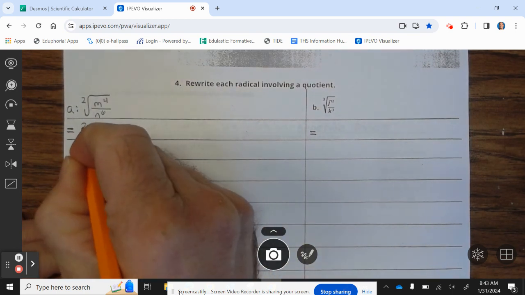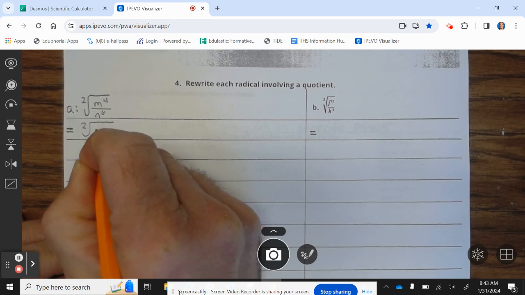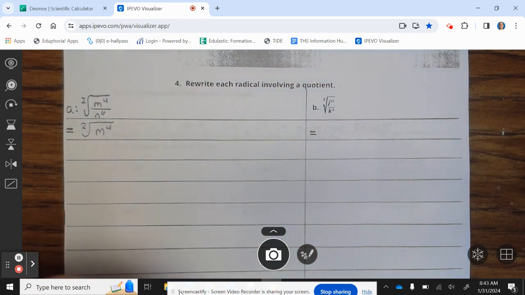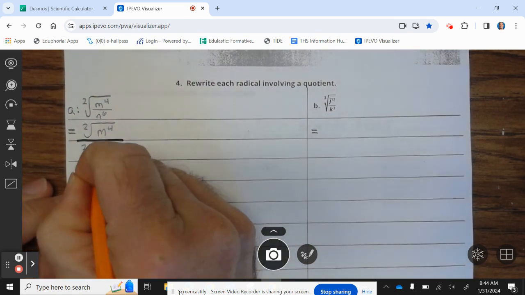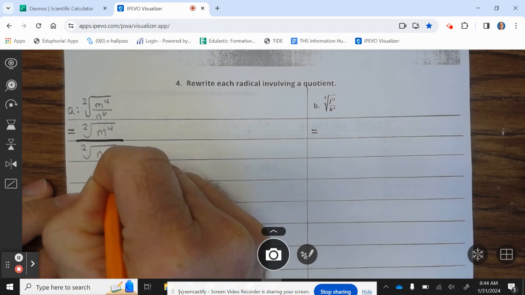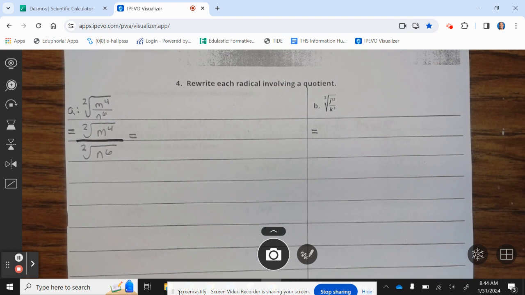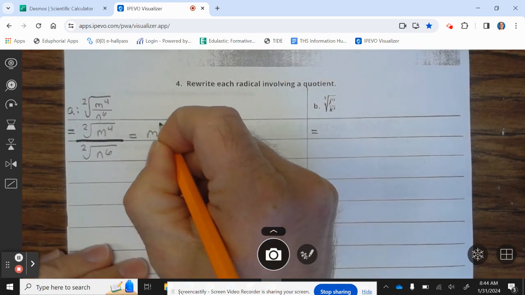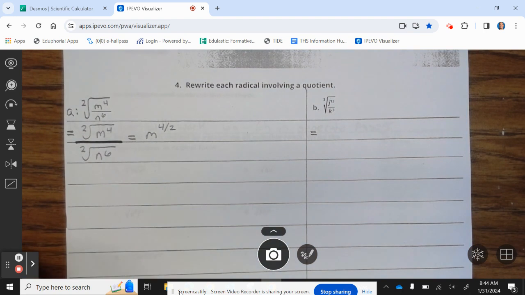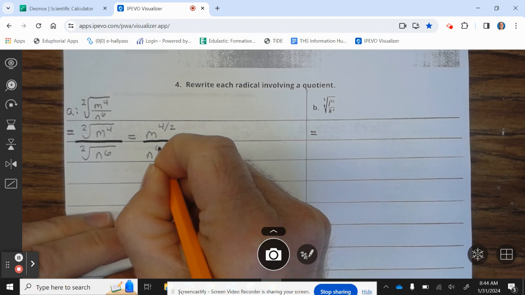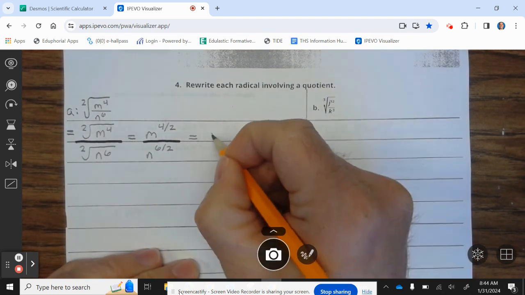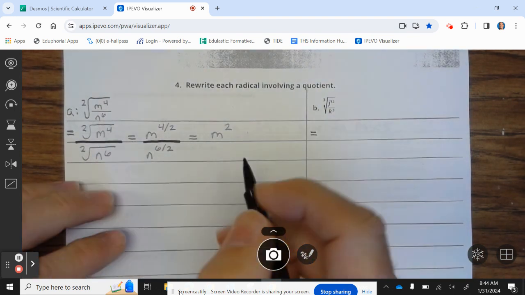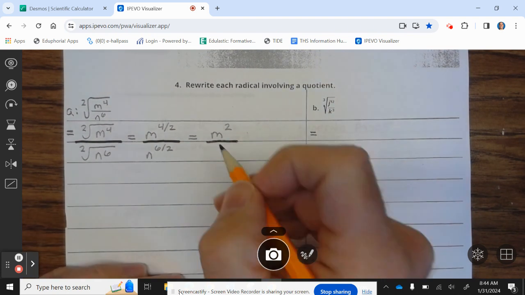So, we're going to take the second root of m to the fourth divided by the second root of n to the sixth, which can be rewritten as m to the fourth divided by 2 divided by n to the sixth divided by 2, which simplifies to be m squared divided by n cubed.